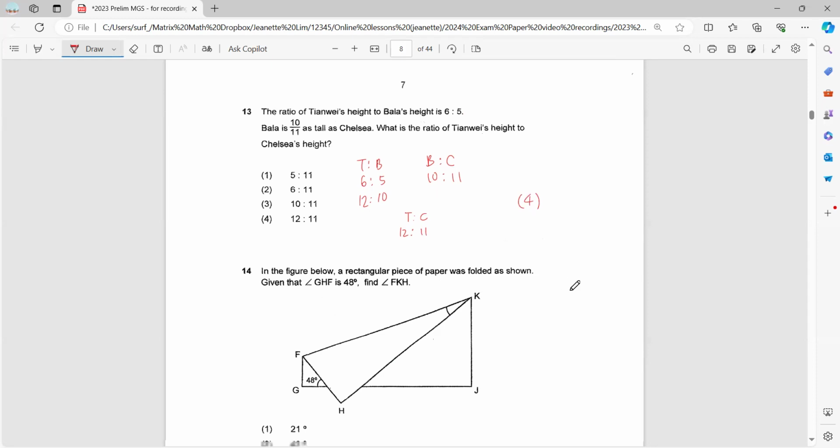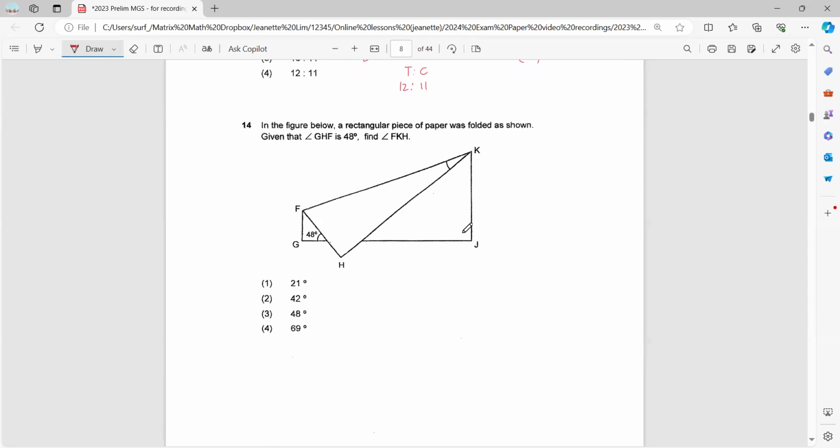Question 14. In the figure below, a rectangular piece of paper was folded as shown, given that GHF is 48 degrees. Find FKH.